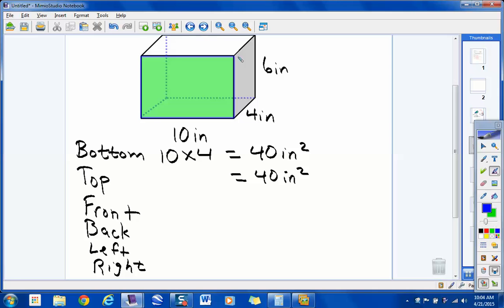First of all, that's a rectangle again, isn't it, in the front? What are the dimensions in the front? 10 by 6. So since it's a rectangle, what are you going to do? 10 times 6, right? That'll be 60 square inches.